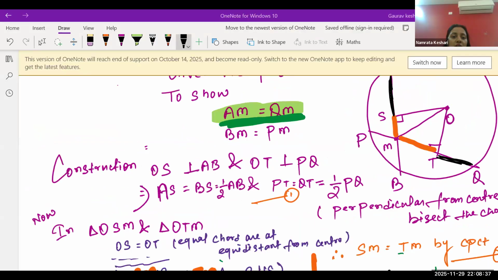Yes, Afia, Chakrika, Gauri, Nikhil, are you copying? Yes, ma'am. Please do it.